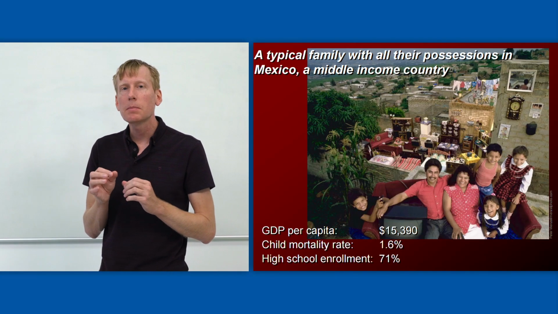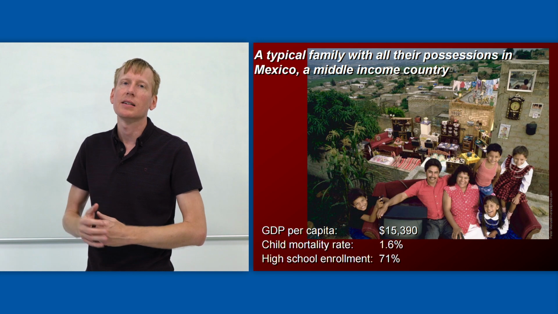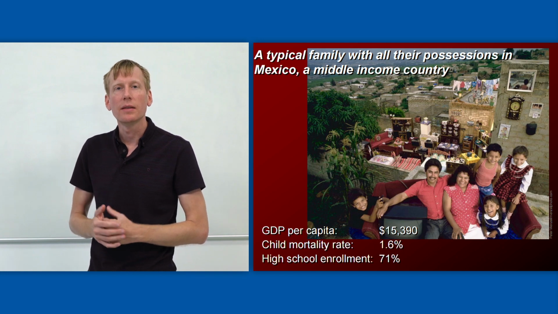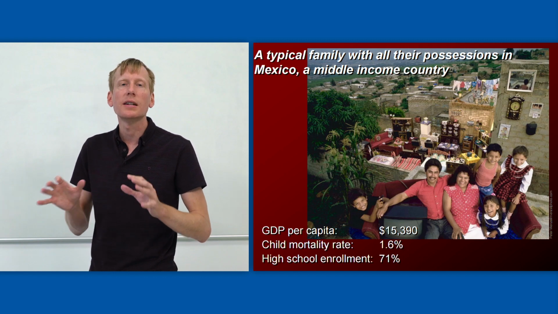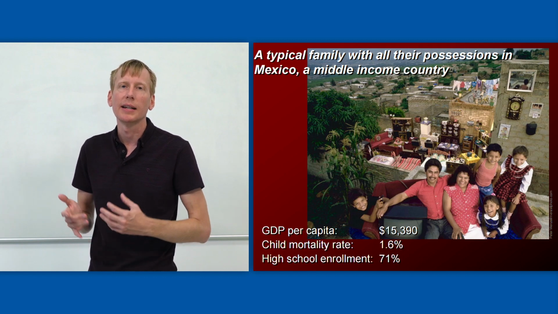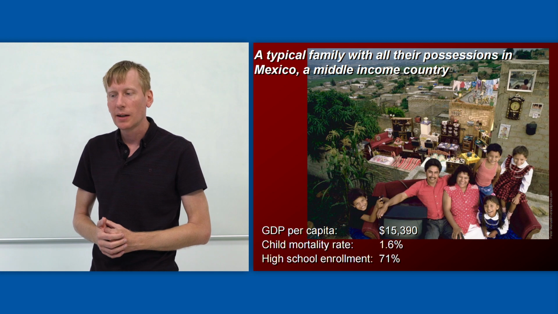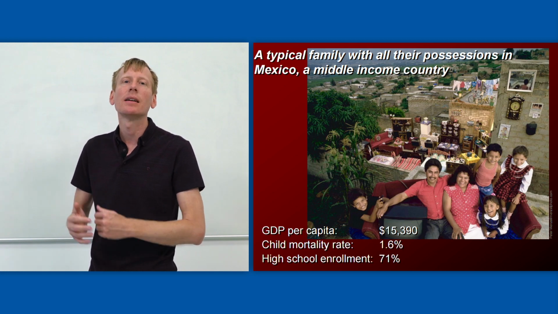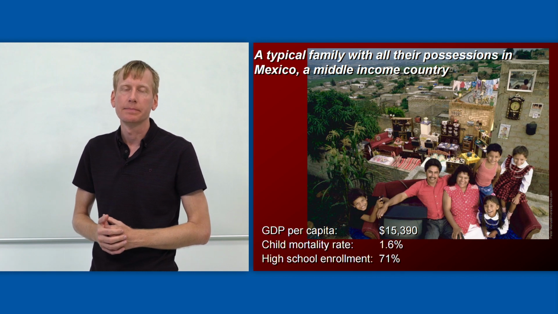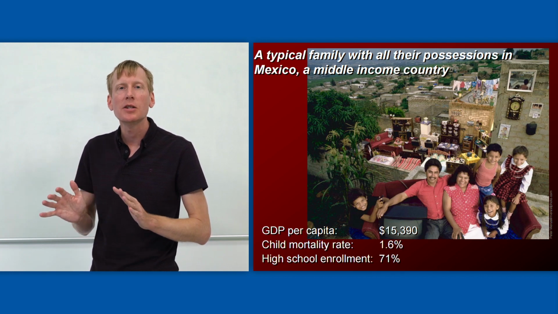On the next illustration, take a look at the same typical family in Mexico, presented with their living accommodations and all of the goods, the bundle of goods that a typical Mexican family would be likely to have and likely to consume. Now, Mexico is a middle-income rather than high-income country like the United Kingdom. Mexico is not by any means poor.